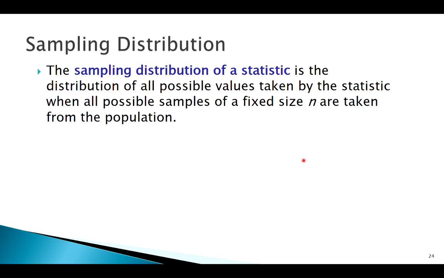So what's a sampling distribution? If I decide I'm going to take a certain sample size, and I'm going to repeatedly sample samples of this sample size n, all the possible values that this statistic could be and how often it takes them on is our sampling distribution.